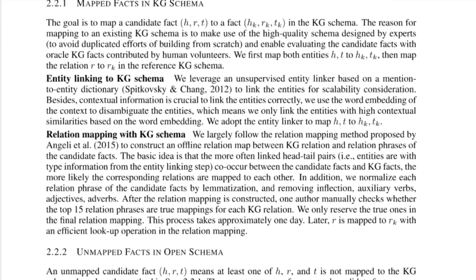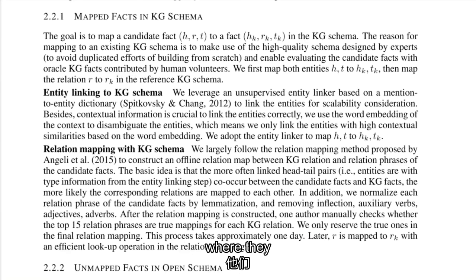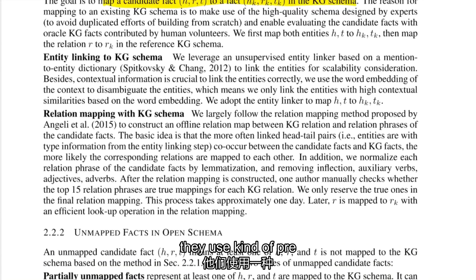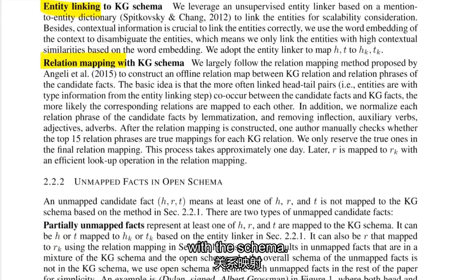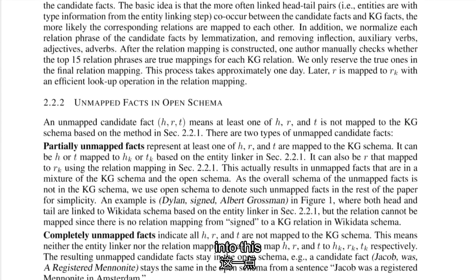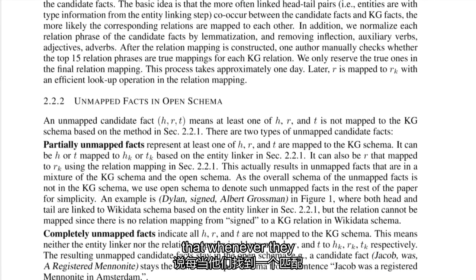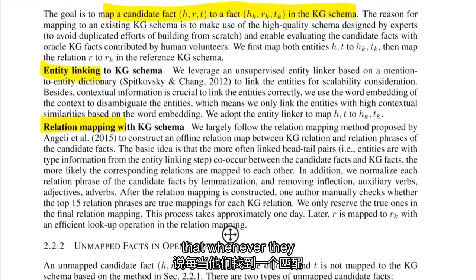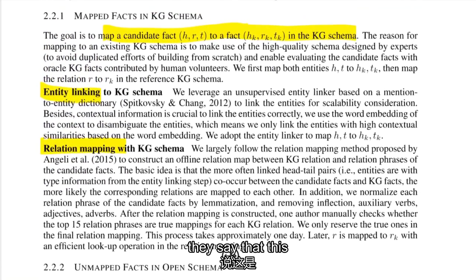Okay, so for the second part, where they actually have to map a candidate fact to a fact in the schema, as I said, they use pre-made solutions, entity linking and relation mapping with the schema. I won't go into this, except to say that whenever they find a match, they say that this is a mapped fact.